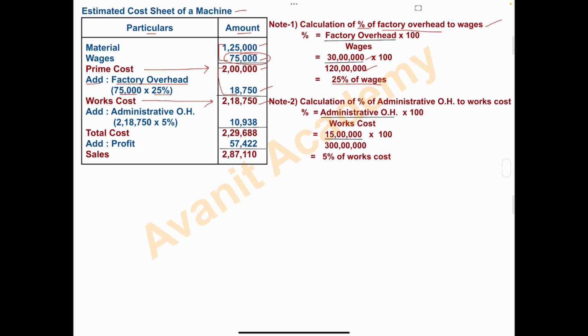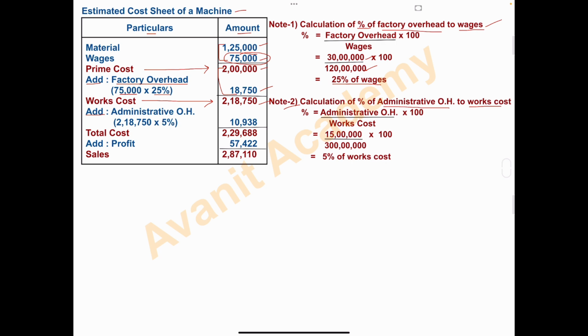Next is add administrative overhead. To get the administrative overhead amount, we have to prepare note number 2. That is calculation of percentage of administrative overhead to works cost. For factory overhead to wages and for administrative overhead to works cost.